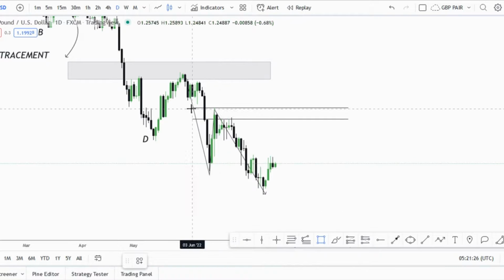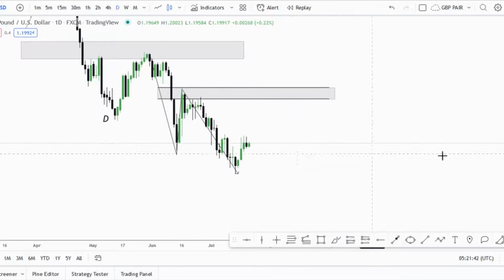So you can see price came here, played a little, and then continued. Price started from here. This impulse went up, the retracement, and then another impulse.